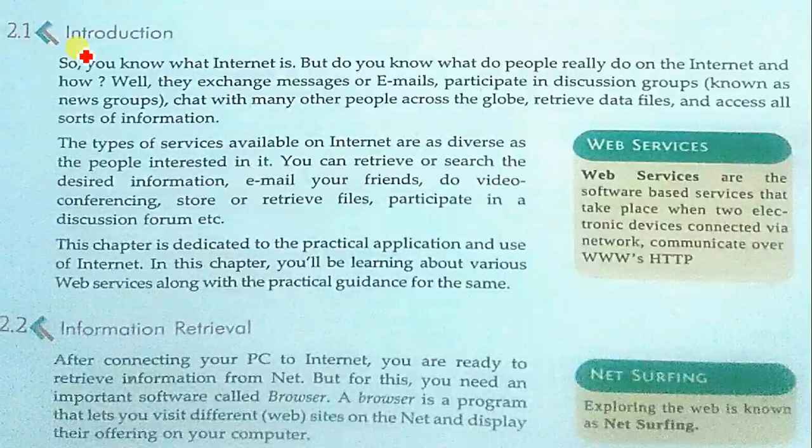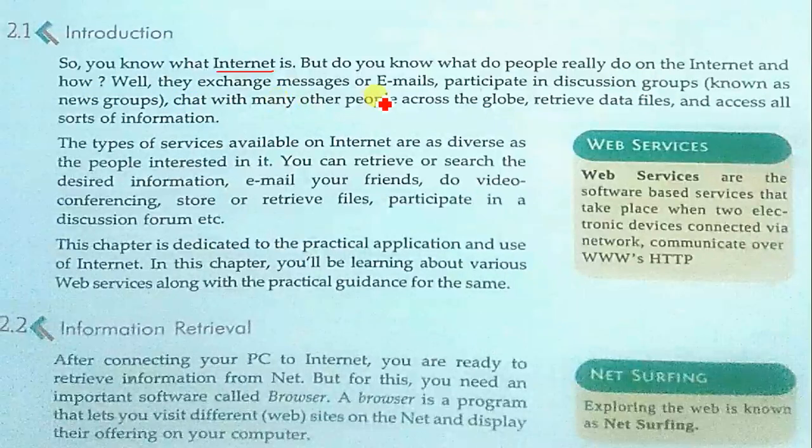So let's start the introduction. We know what the internet is. We already learned about this in our previous chapter, previous class, and since long we are viewing it around us. But do we know what people really do on the internet, and how?